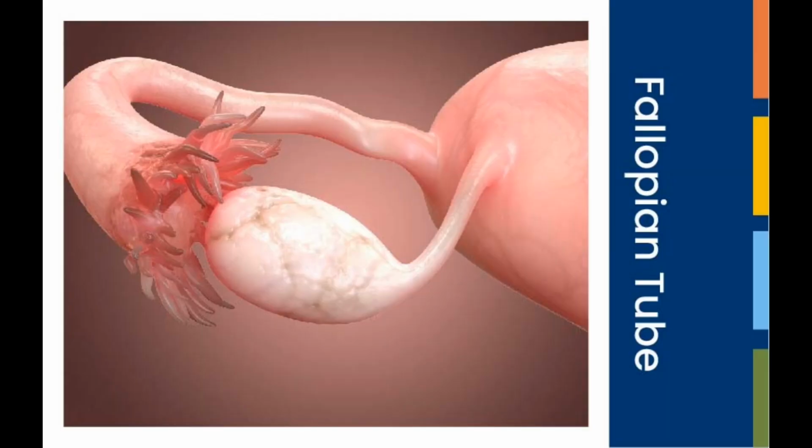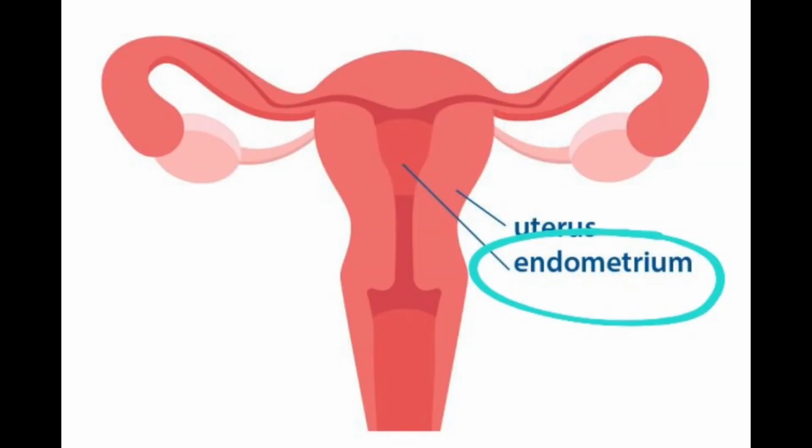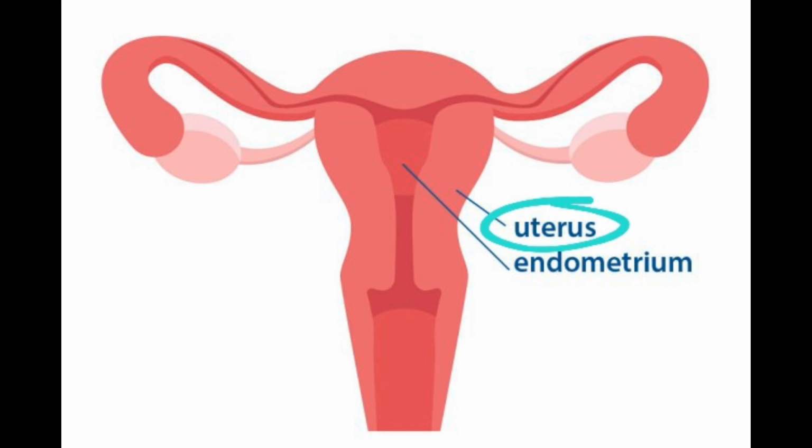The oviduct or fallopian tube serves as a passageway of eggs from the ovary to the uterus, and is the site of fertilization. The endometrium is the membrane lining the uterus that thickens during the menstrual cycle in preparation for possible implantation of an embryo. The uterus is the site of egg implantation.